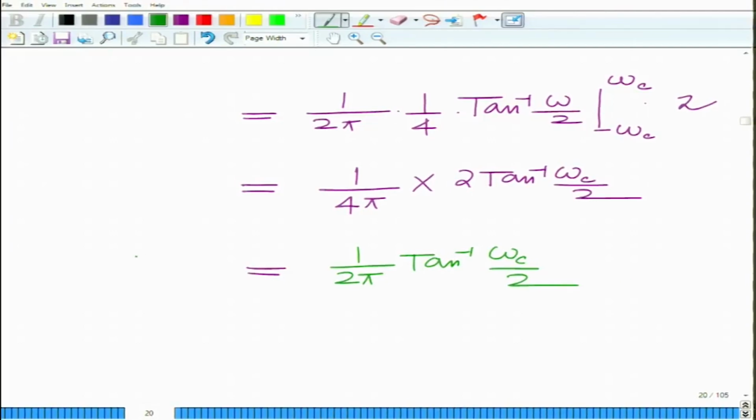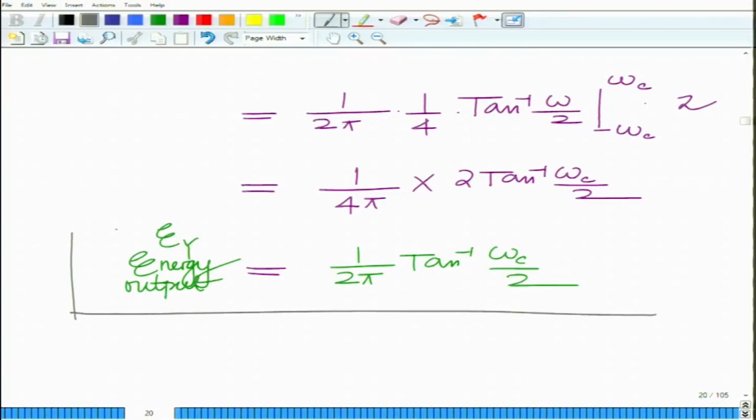So, this is the energy of the output. You can also call this E y, the energy of the output signal. This is 1 over 2 pi tan inverse omega c over 2. This is naturally going to be a function of the cutoff frequency omega c of the ideal low pass filter.